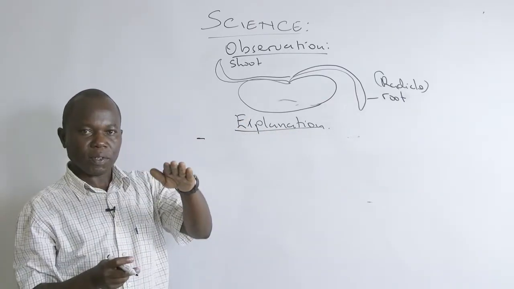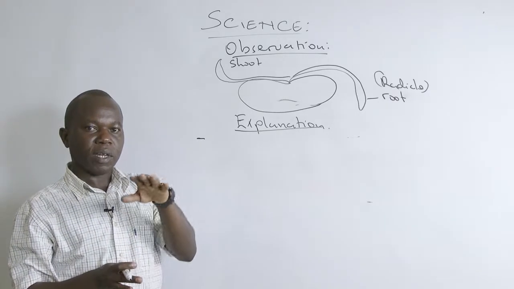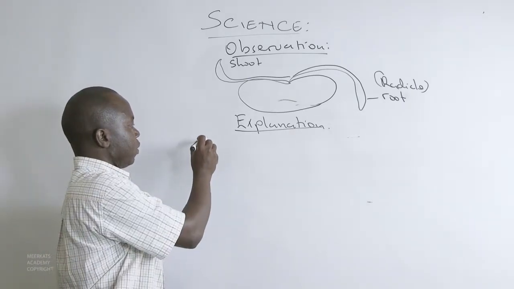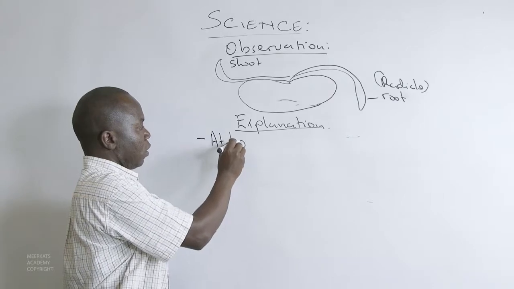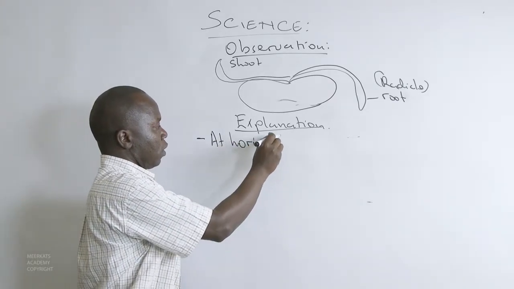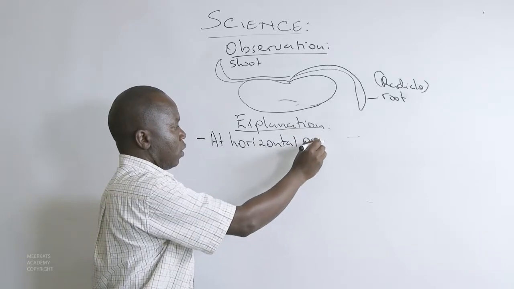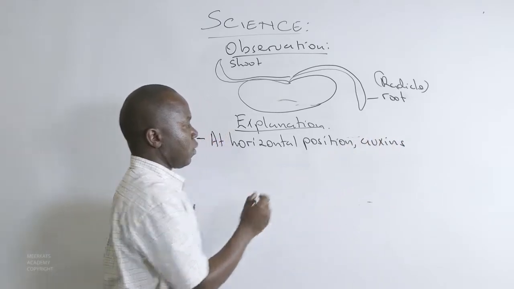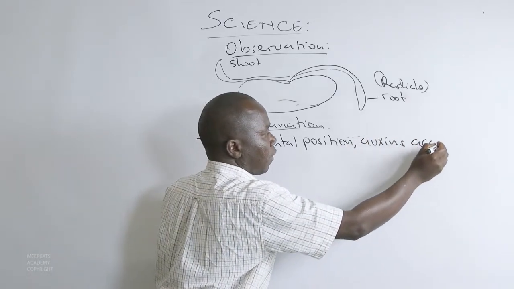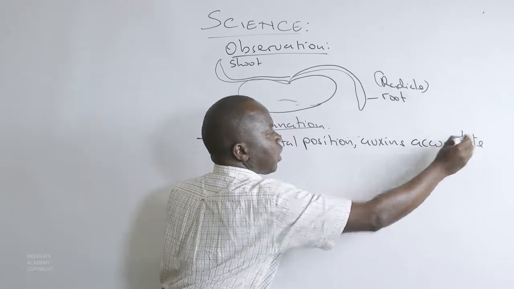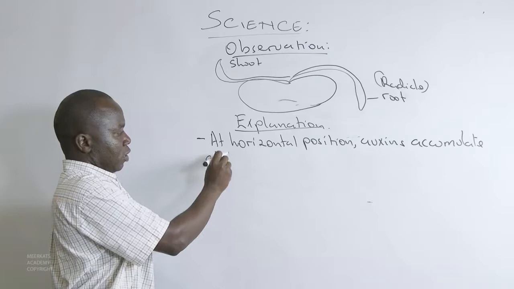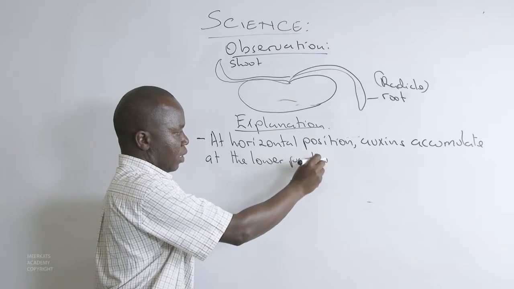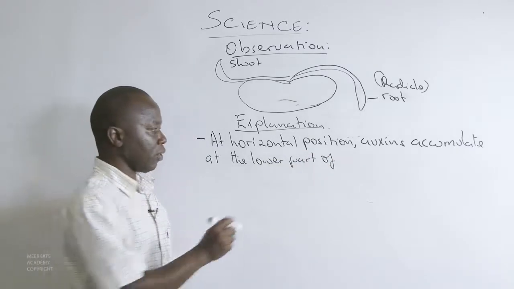We have already said that at horizontal position, auxins will accumulate at the lower part of the shoot and the radical.